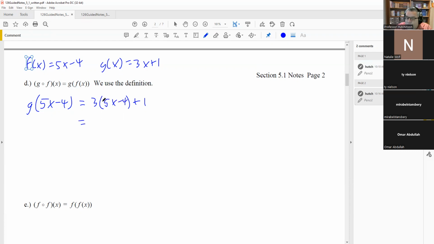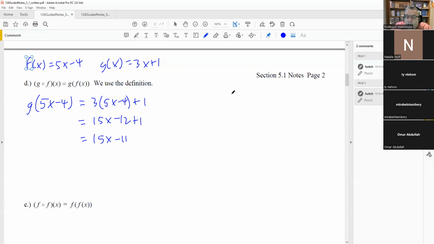So now I'm just going to multiply that out and simplify. And I get 15x minus 11 as a result there. All right, so 15x minus 11 is what I got.